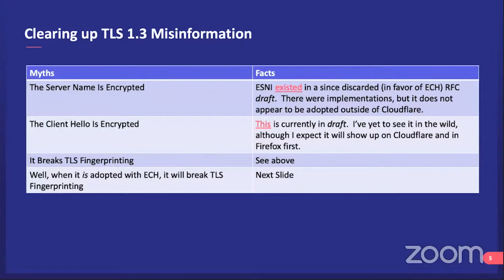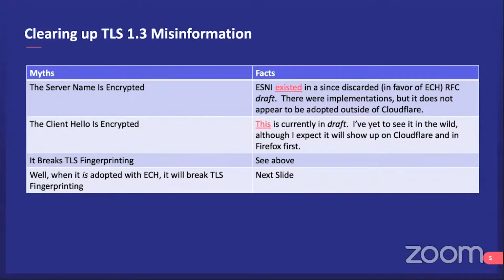Oftentimes you'll see this kind of thing being pushed by vendors who are telling you to decrypt traffic wholesale. So you can see why they would want to spread that myth. But I wanted to show you what those myths are that are being propagated fairly ubiquitously, and exactly why they are myths.